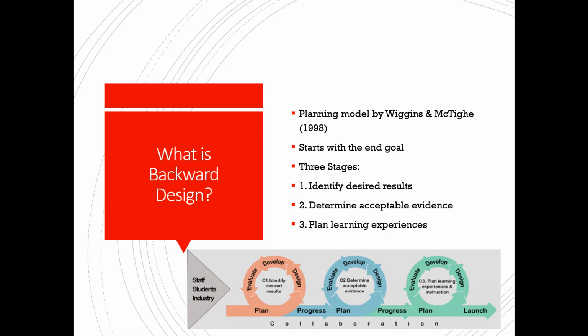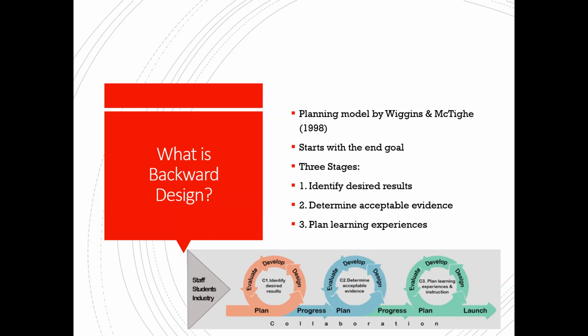As you can see, there are 3 stages of UBD, and first we should identify the desired results, which of course means selecting the TEKs in our case, and writing clear learning objectives. We should also determine acceptable evidence. So this refers to designing assessments or questions that measure mastery of the TEK that we have chosen.